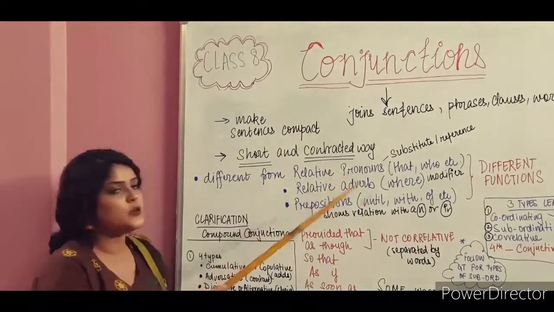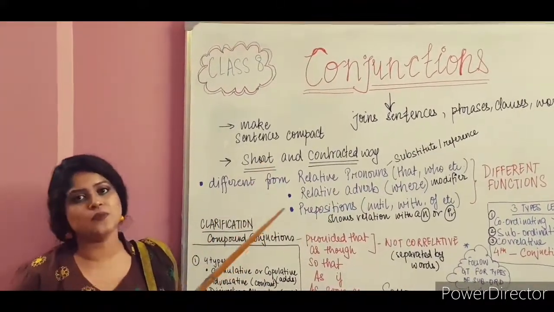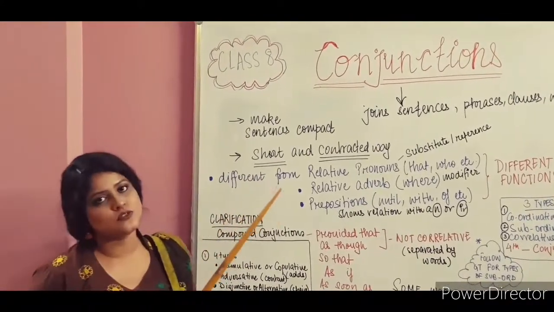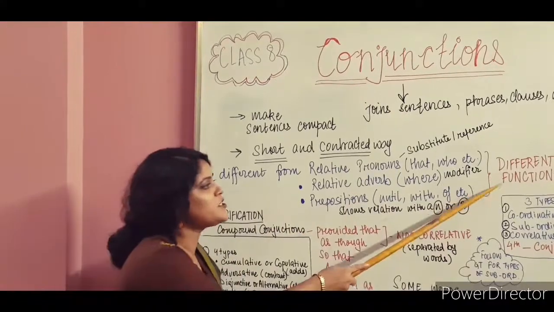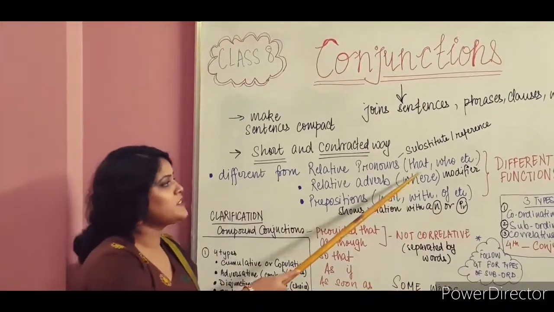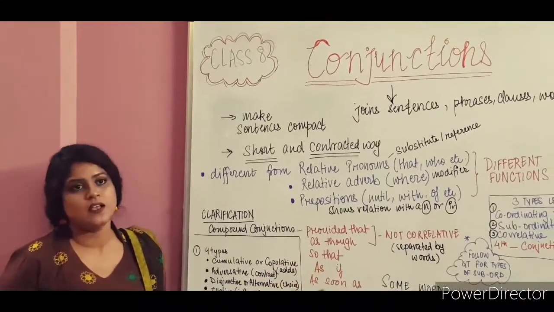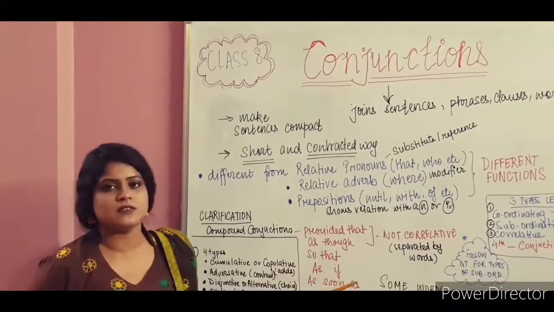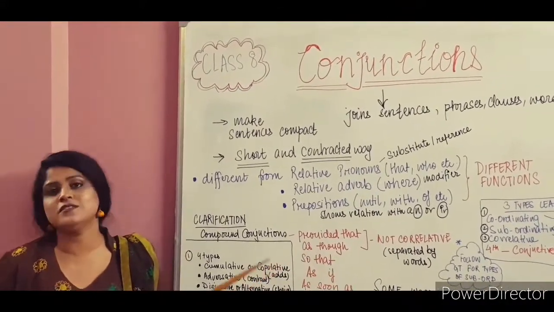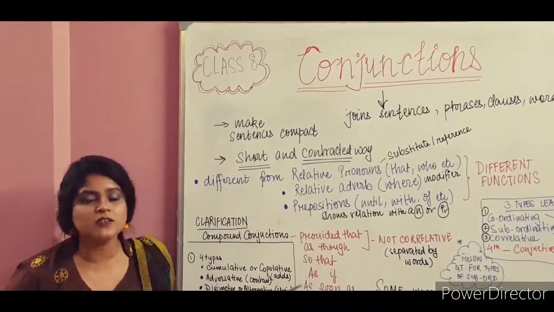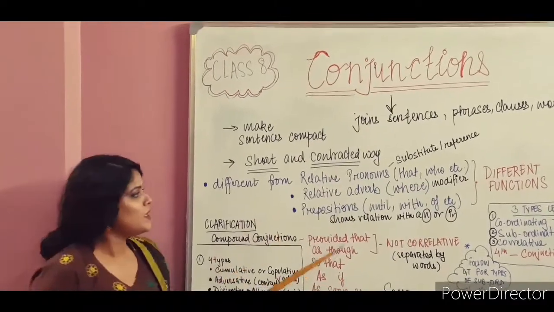That is not just a mere word which is joining the sentence. Yes, it is used to join, but the function of it is different. For example, that, who, which, etc. These are relative pronouns. That is definitely used as a conjunction, but the function in the sentence is different. So you have to understand the function and identify it.